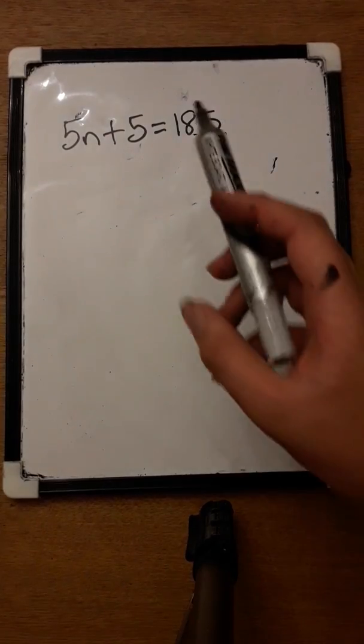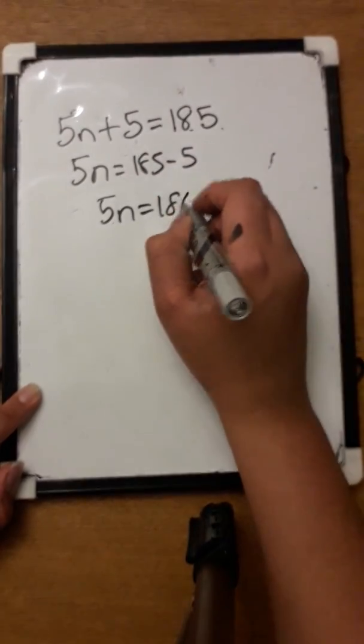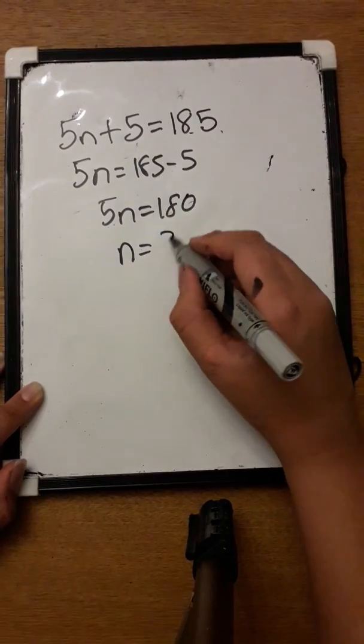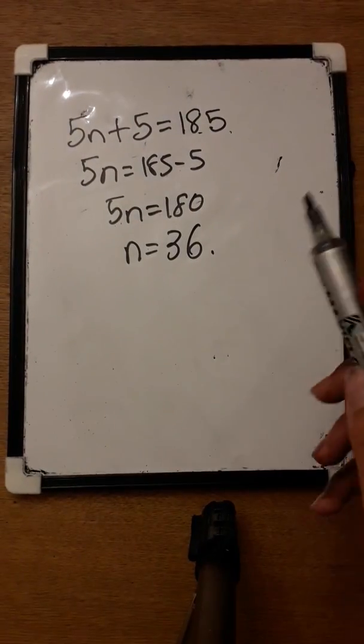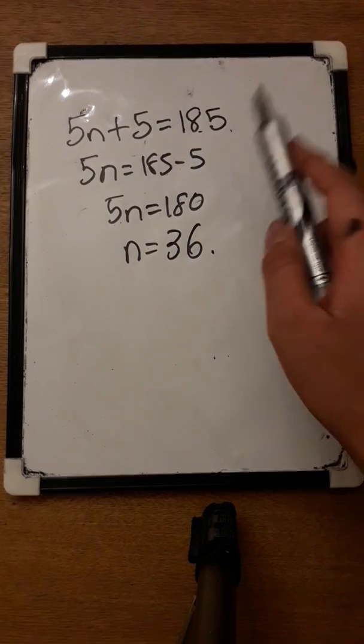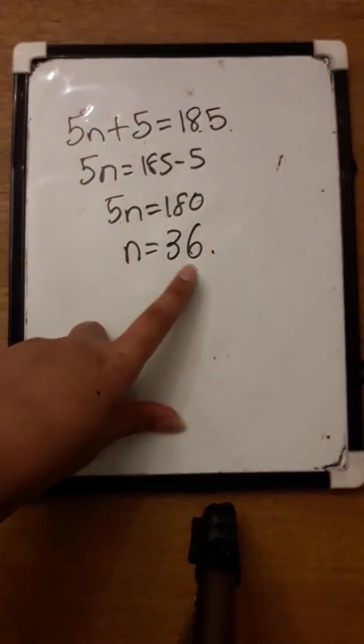So what you simply do is do 5n equals 185 minus 5, 5n equals 180, and n equals 36. Therefore, from this I can conclude that the term 185 is part of this sequence, as it comes under the 36th term. Okay, so I'll review what I've done today.